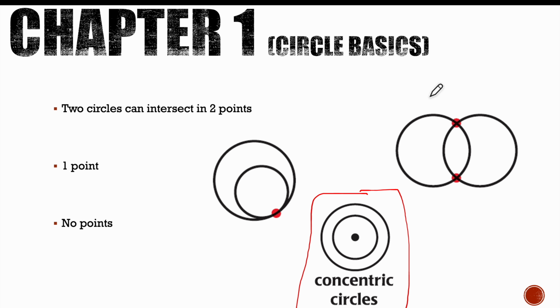So these two circles are intersecting at 2 points. These two circles are intersecting at one point. Concentric circles intersect at no points. They have the same center but different radius.